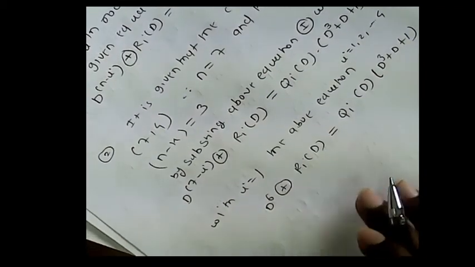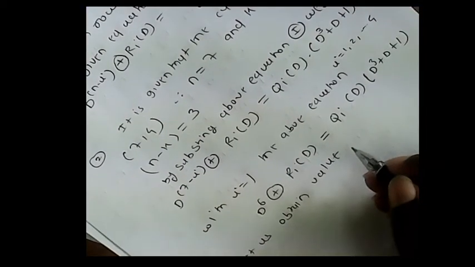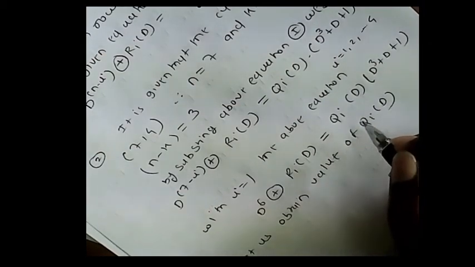Now let us obtain the value of the quotient polynomial q of d. This value is obtained by dividing d raised to n minus i by the generator polynomial g of d.